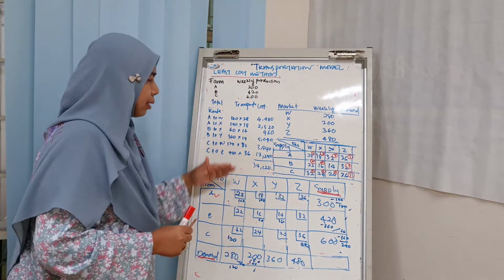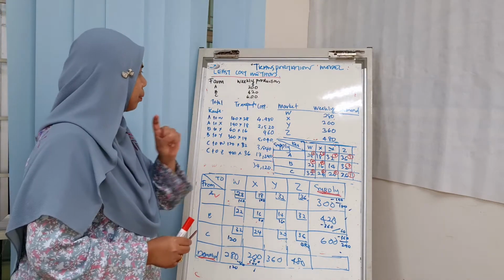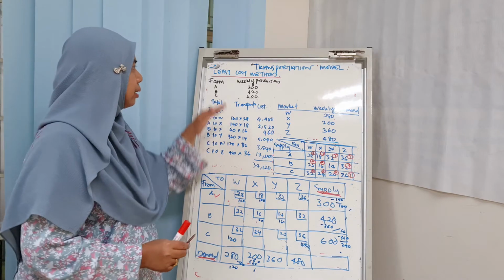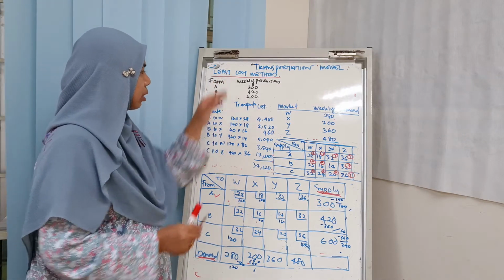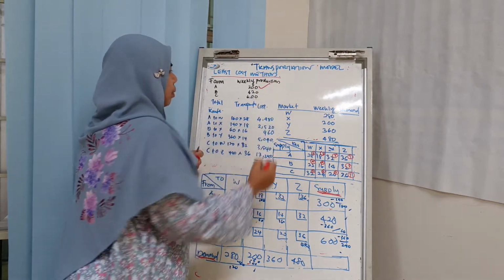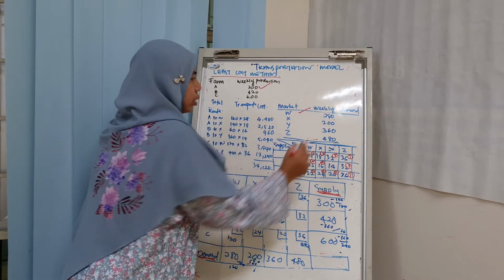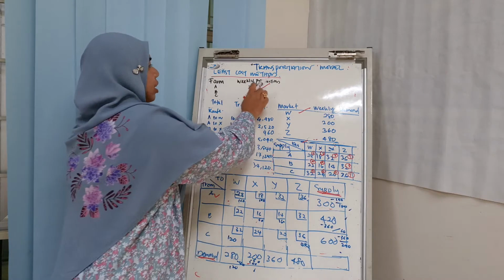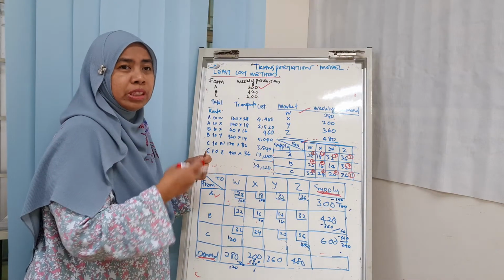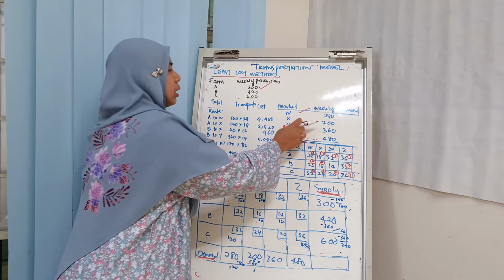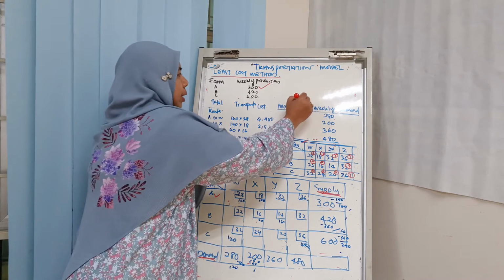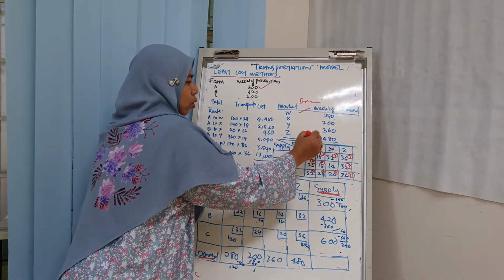In this method, normally in a question, they provide three tables. This one is the production table, which is the supply table, this one is the demand table, and then this is the cost table.